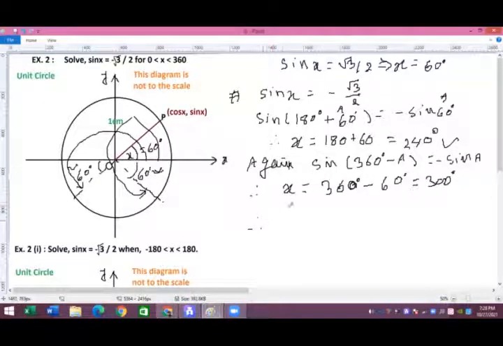One value is 240 degrees, and we don't keep the principal value because it represents sine being positive. Values where sine is positive are not taken into consideration here. And the other value where sine is negative is 300 degrees, and this is the answer.